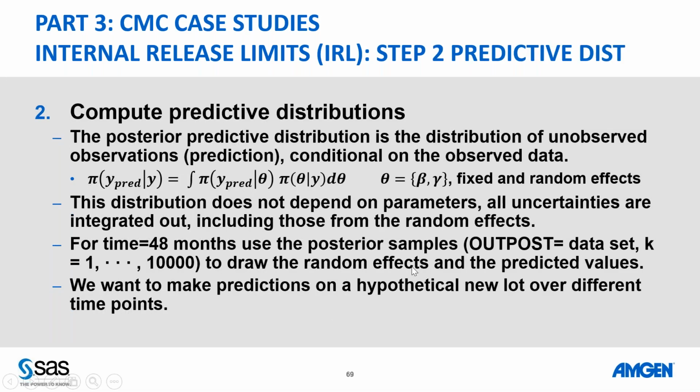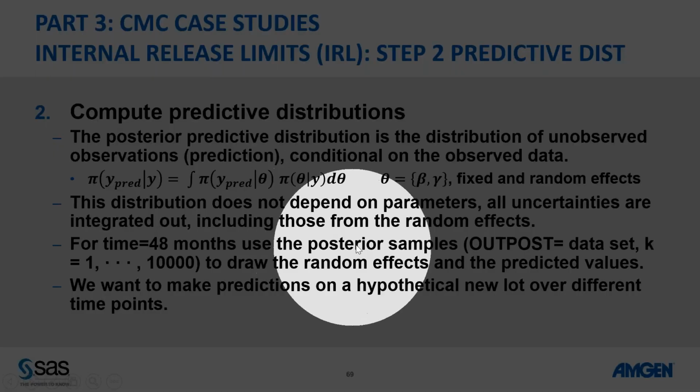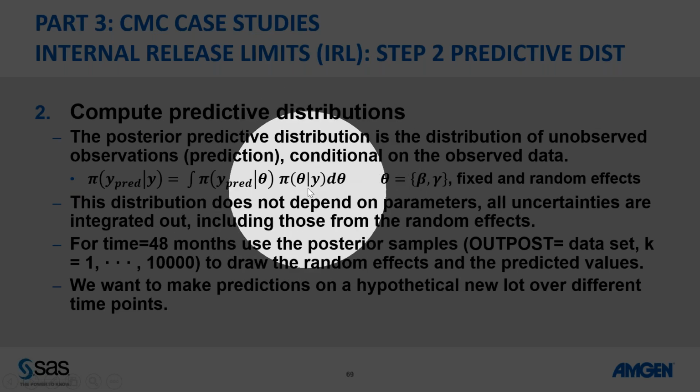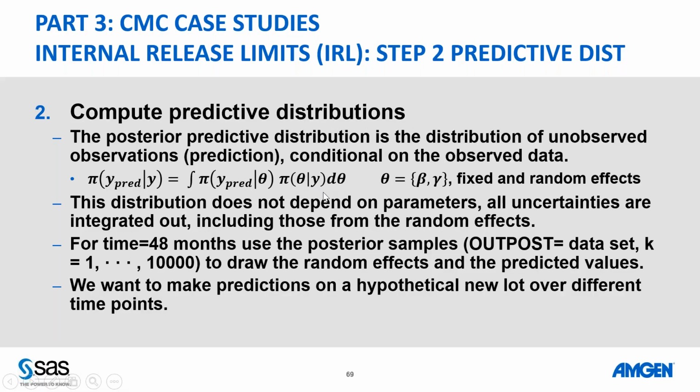And then here, we're not going to get into all the details, but the predicted distribution is the probability of the future data given the data at hand, and that includes the posterior. This is a very Bayesian concept: the pi of y predict given y.